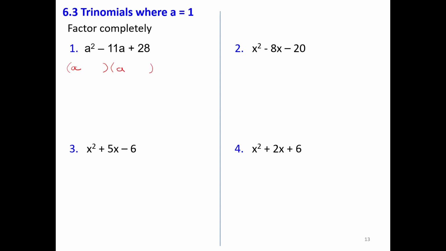This must be negative. Negative times positive is negative. And the numbers we need must both be negative, according to the signs we had here. Let's try to find the numbers.